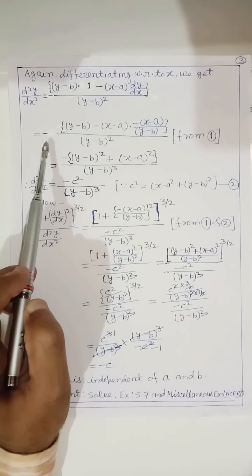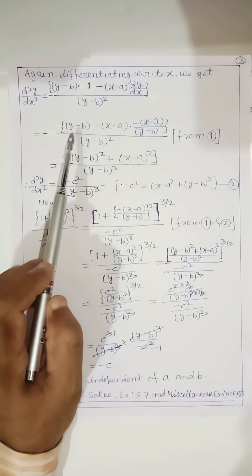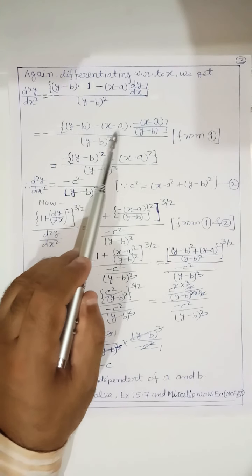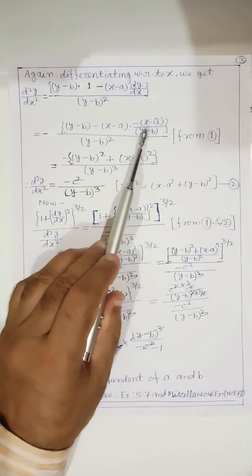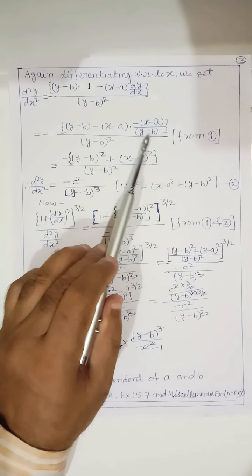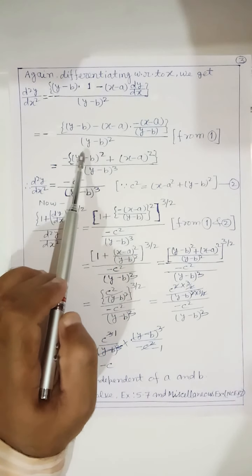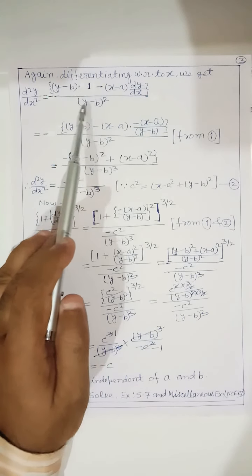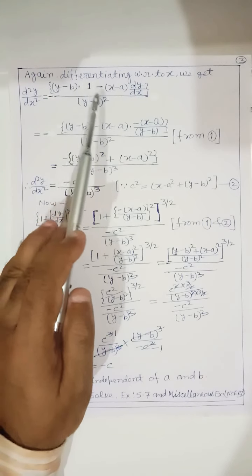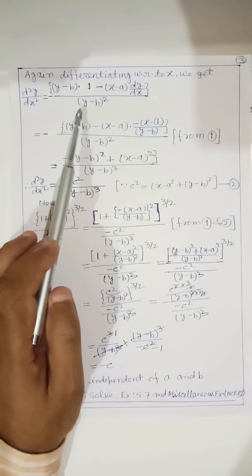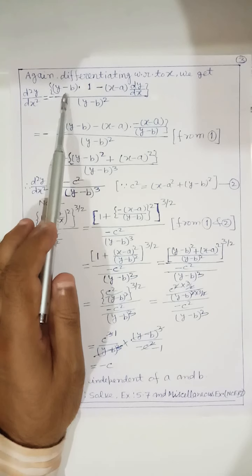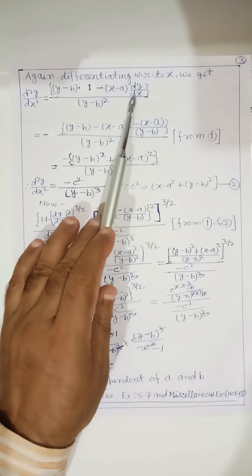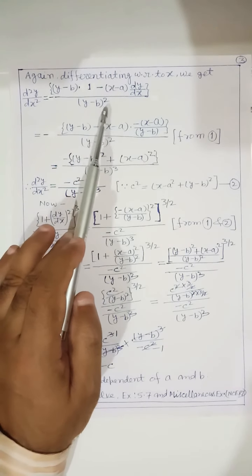Here we use the quotient rule: denominator into d by dx of numerator minus numerator into d by dx of denominator, by denominator whole square.